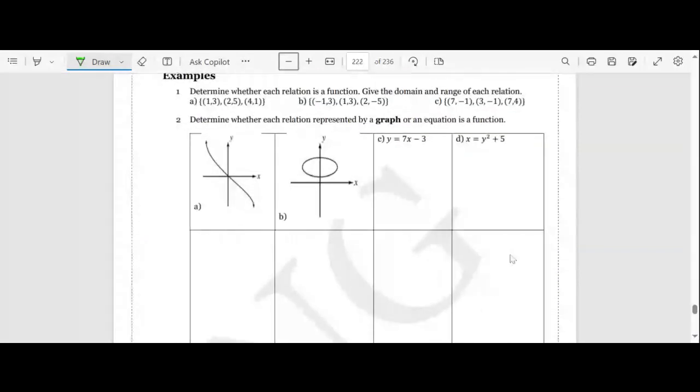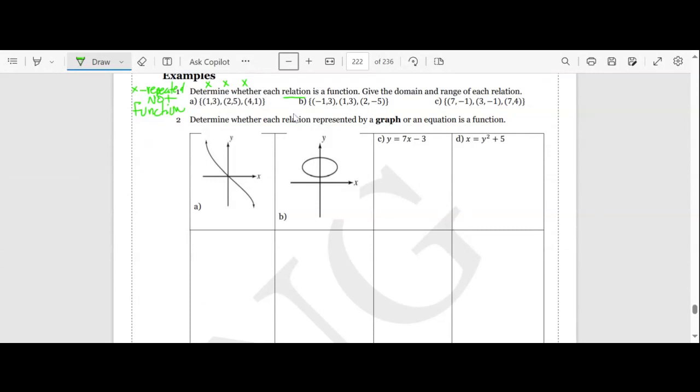Let's go for an example. Determine whether each relation is a function. Give the domain and the range of each relation. Okay, we look at the X value. Is the X repeated? No. So this one is a function. Is the X value here repeated?